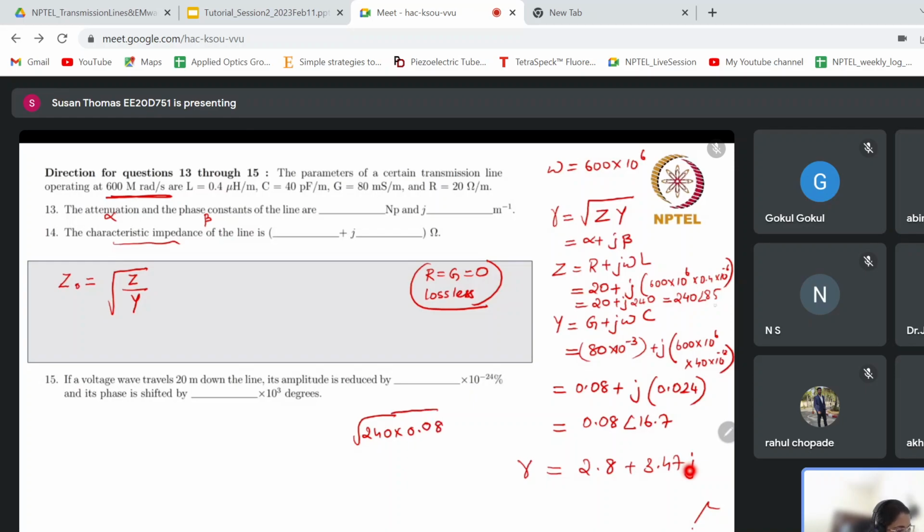Now add 85 and 16.7. So what do you do with the angle? 85 plus 16.7 divided by 2, because it is under square root. So that will be your gamma. Once you have this in polar form, convert it to rectangular and you will get this answer.